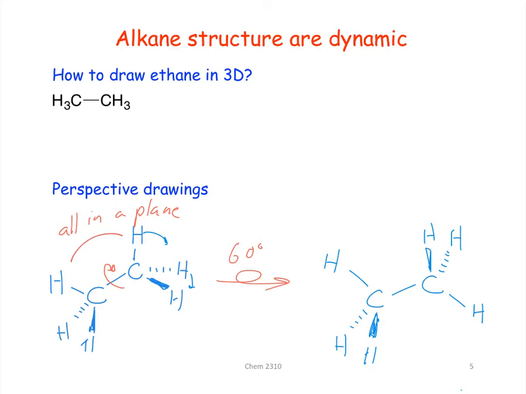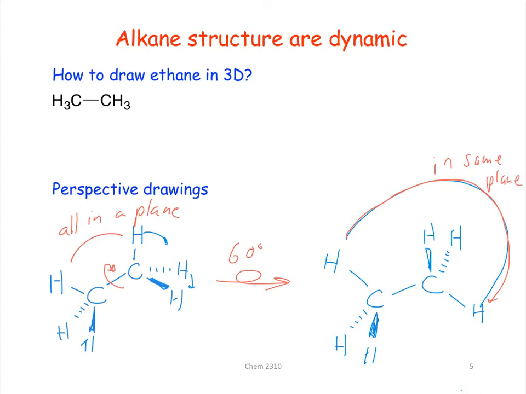Okay, so I've just changed where the wedged bonds and the dashed line bonds are. But notice that now the hydrogens that are in a plane are the ones that are on opposite sides, right? So these are in the same plane.